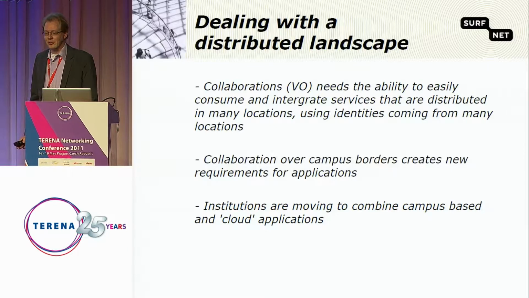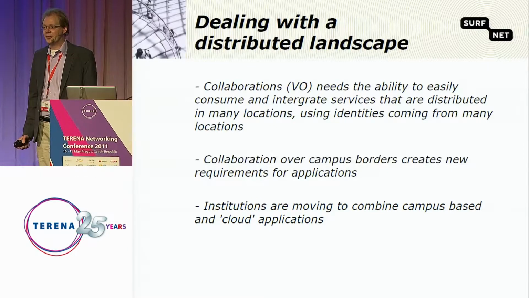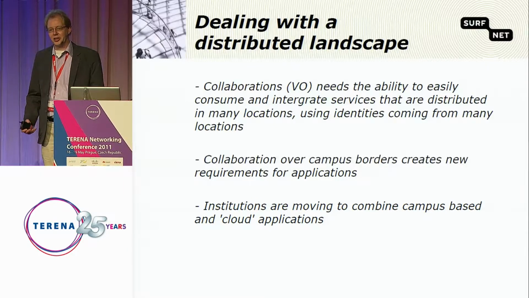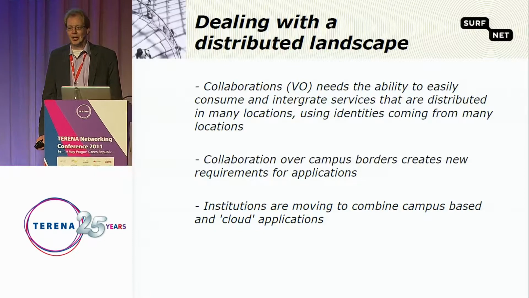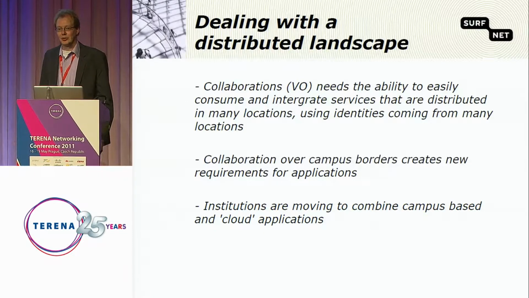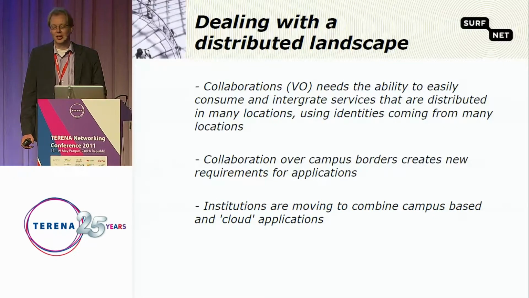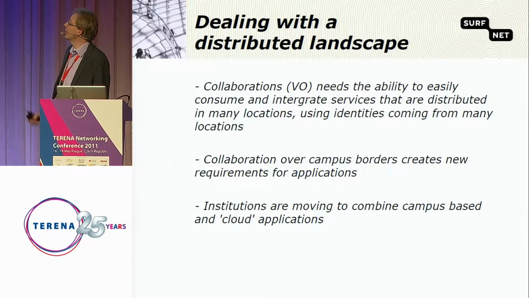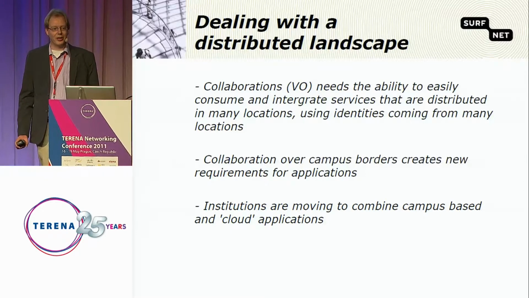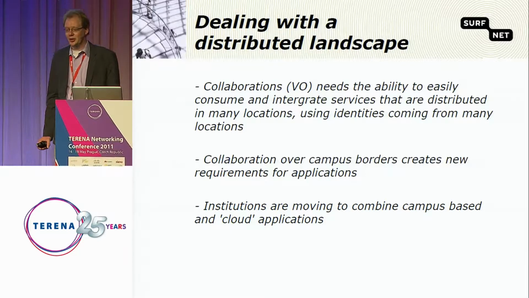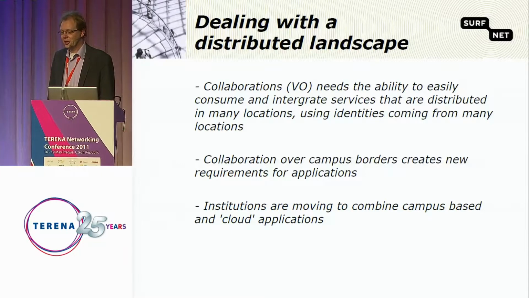So, what is the reason for dealing with domestication? Actually, we see a number of scenarios where applications are becoming distributed throughout campuses, throughout the cloud. And one of the core scenarios which we are dealing with within SurfNet is collaboration, virtual organizations.